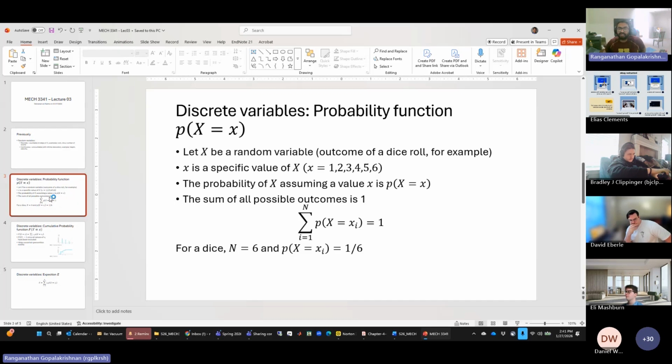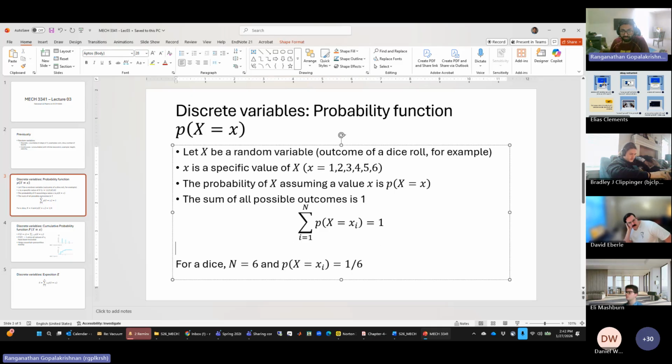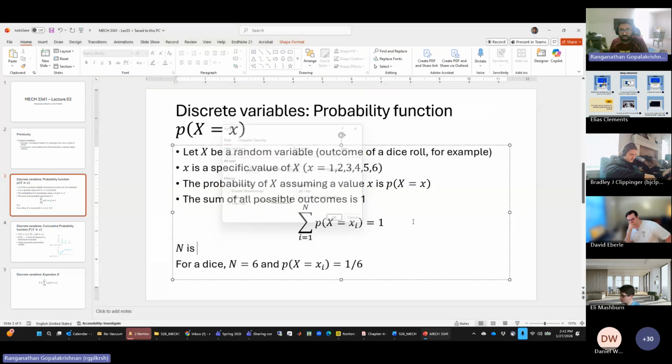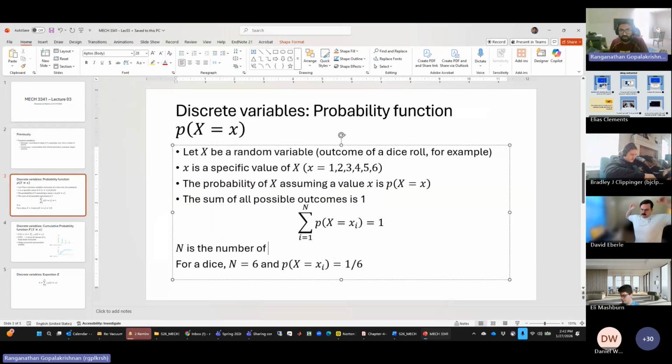So we denote that by saying summation from i equals 1 to n, where n is the number of possible outcomes. If you sum over all the possible probabilities, that should add up to 1.